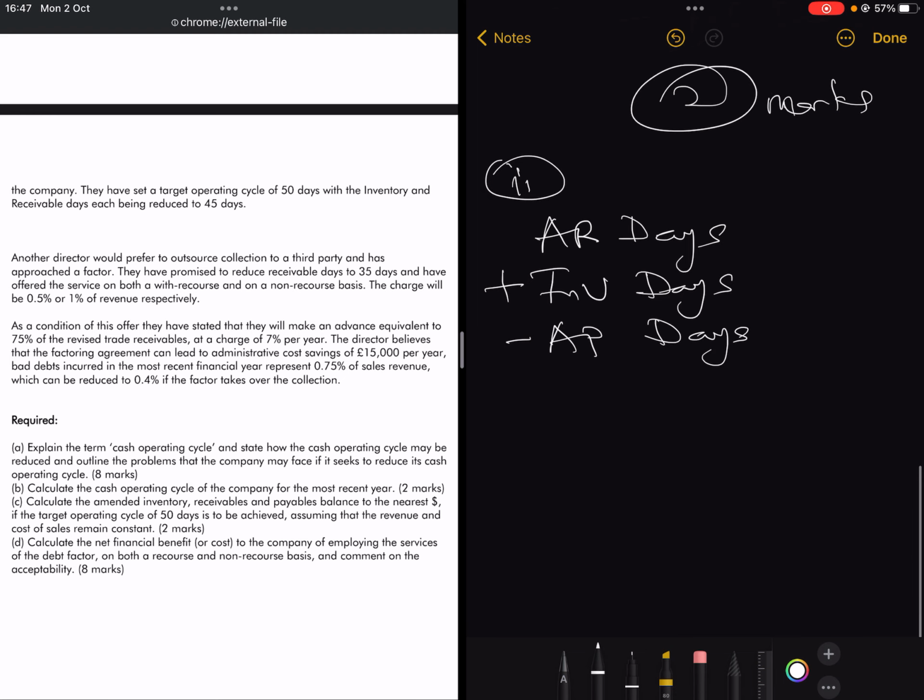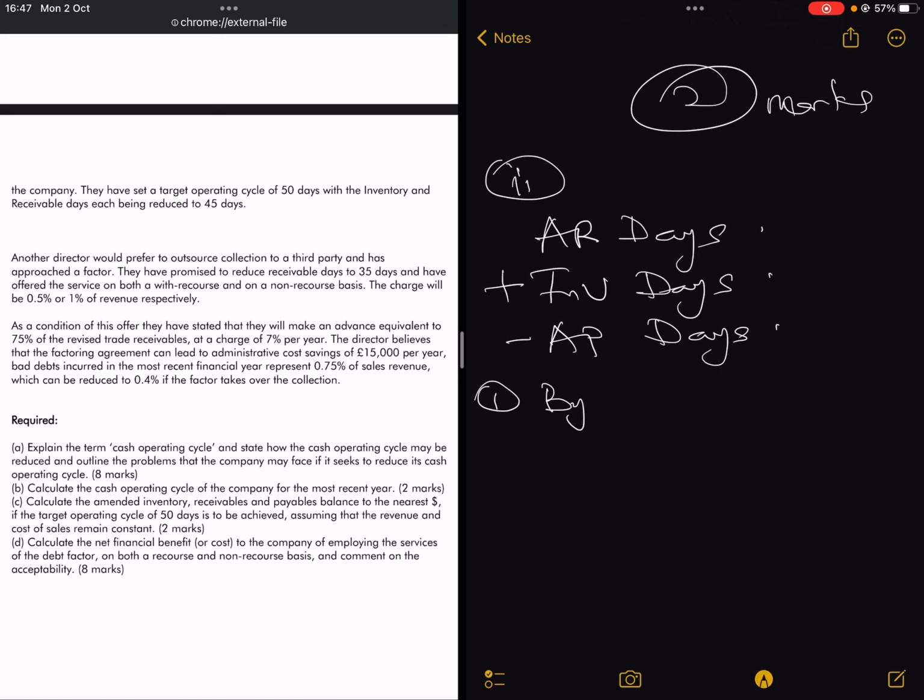So from this, you need to state at least 3 ways you can reduce cash operating cycle, 1 for each component of this formula. So one way of reducing cash operating cycle is by reducing account receivable days.